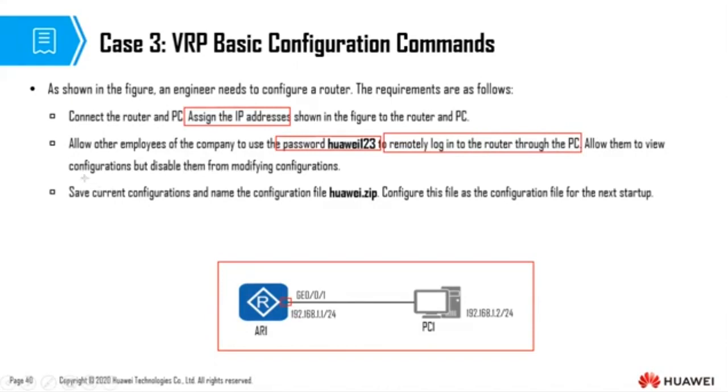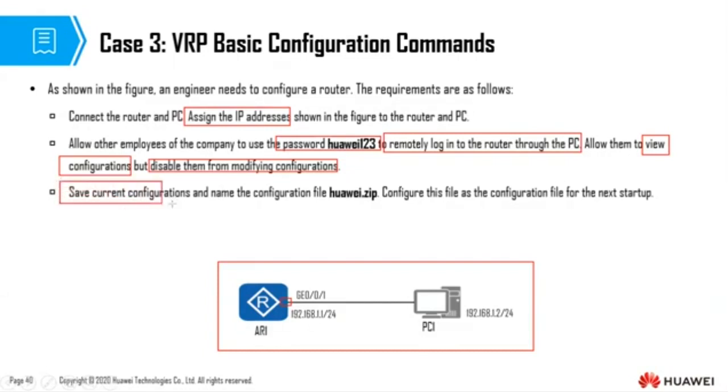So allow them to view configurations, but disable them from modifying configurations. So that just means that we have to manage their user level to maybe a maximum of 1.